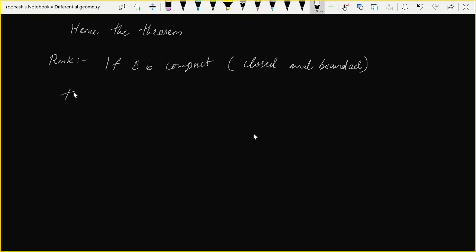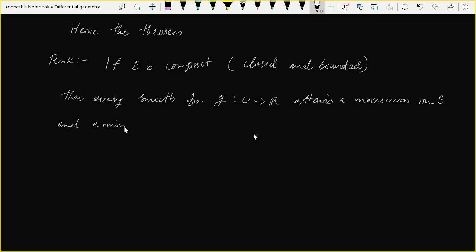Then every smooth function g from U to R attains a maximum on S and a minimum on S. This is somewhat analogous to the result you studied in your real analysis or topology class: whenever a set is compact and f defined on it is continuous, then that function has an extreme point.